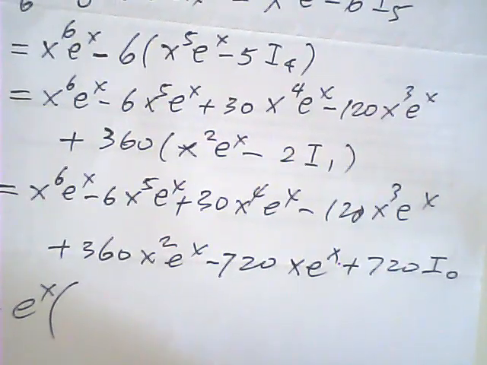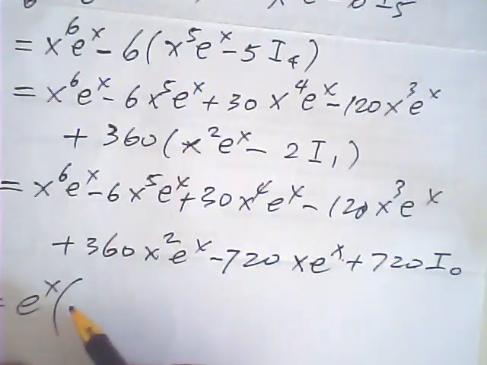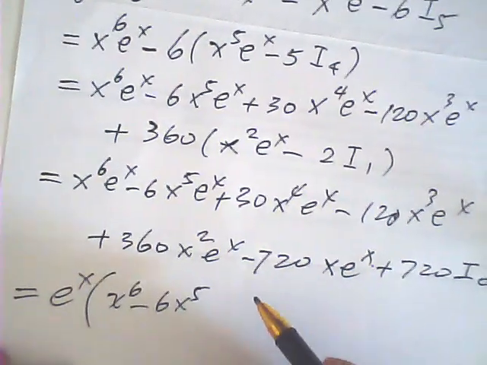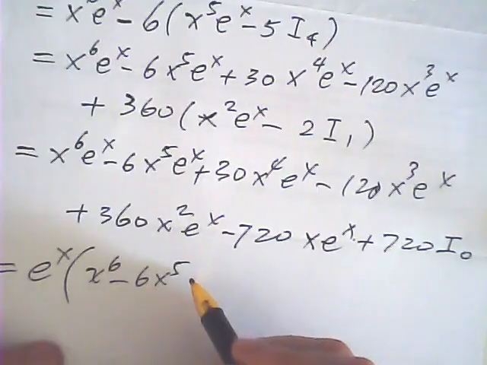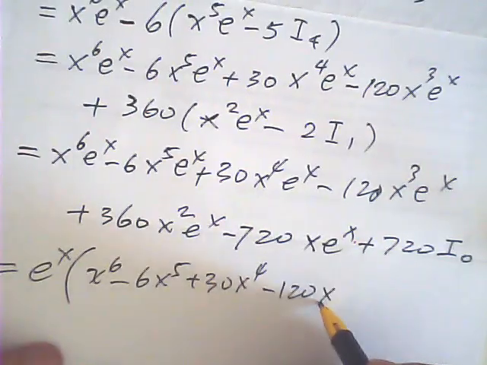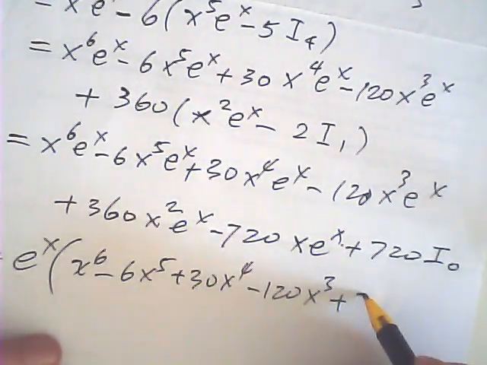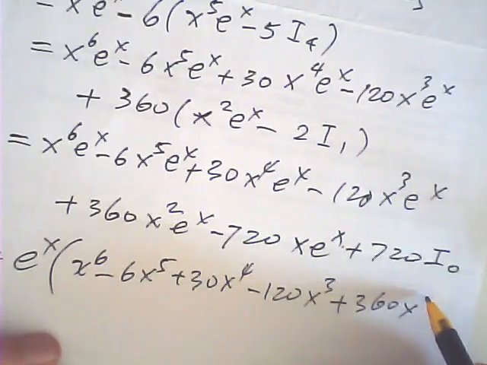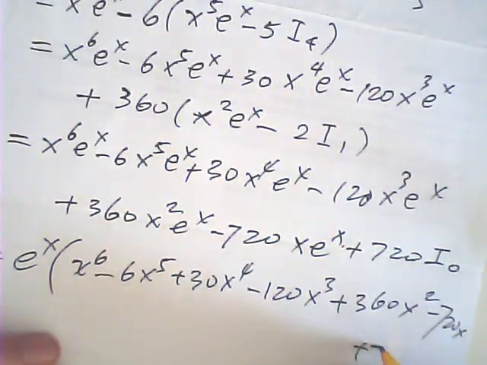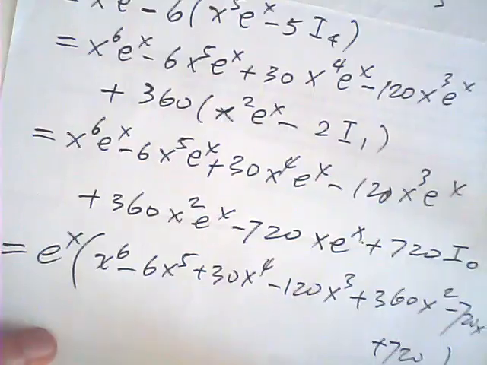So then equal to x^6 minus 6x^5 plus 30x^4 minus 120x^3 plus 360x squared minus 720x plus 720. Wow.